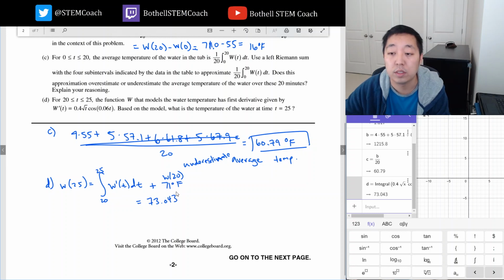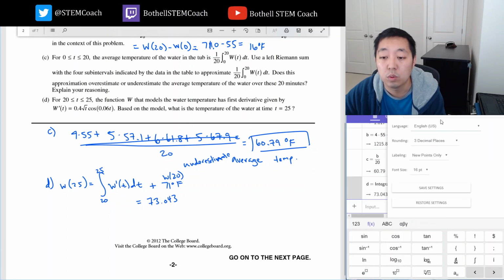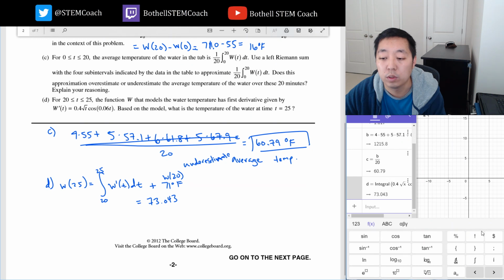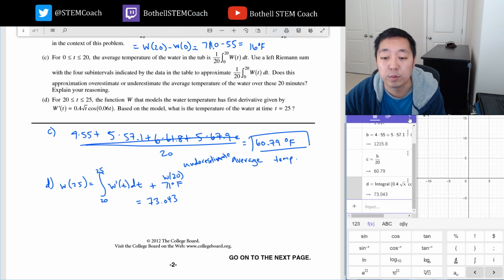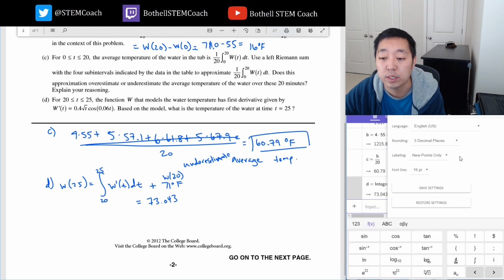I got 73.043. Now I just want to make sure of some settings here. How do I know what trig mode I'm in? I'm going to assume radians, even though I should check if I were really precise.